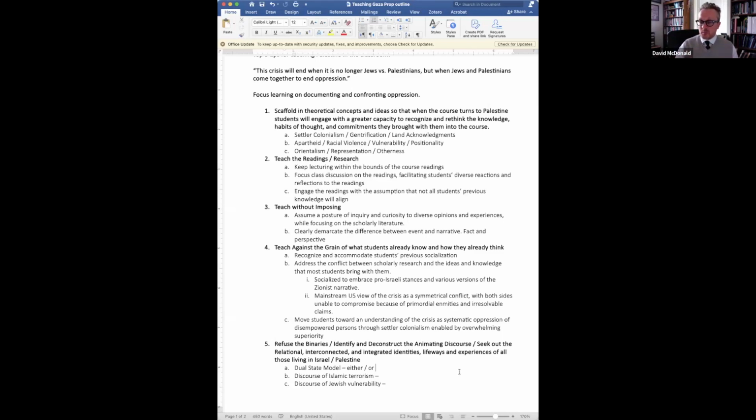Another point that I think is really important, and it came up in Shayna's list, was teach the readings, stick to the readings. Where conversations may venture far afield, always come back to the readings. Focus the discussions on the readings, have the students engage with the readings. And then you can get into notions of bias and positionality.